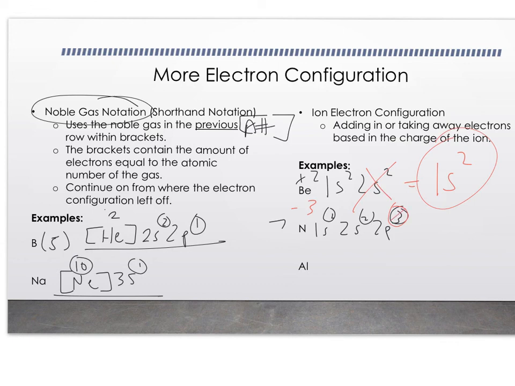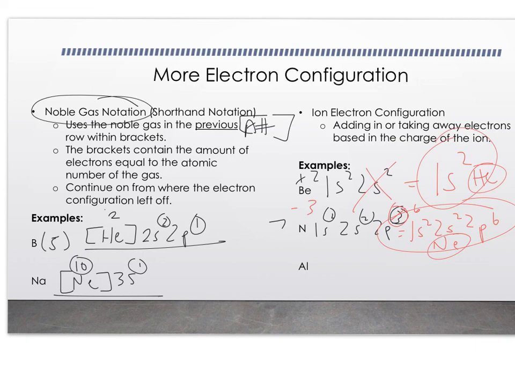So this 3 here is going to turn into a 6. So its ion electron configuration would be 1s2, 2s2, 2p6. And this is exactly the same as the neon electron configuration, so it's mimicking noble gases. Hence, your ions form charges based on the noble gas that they want to mimic.